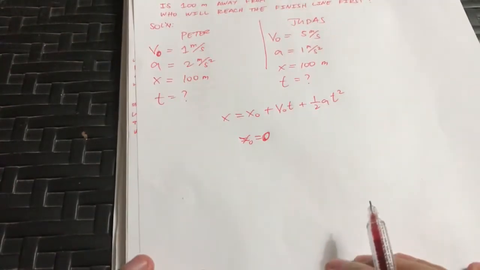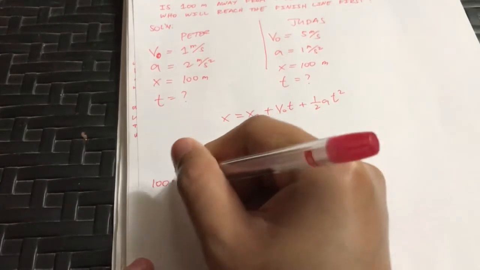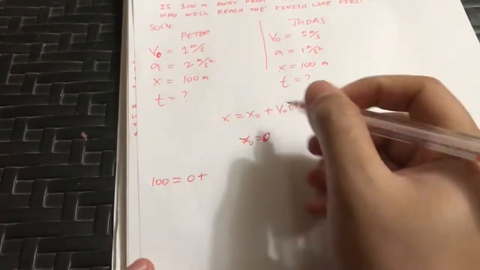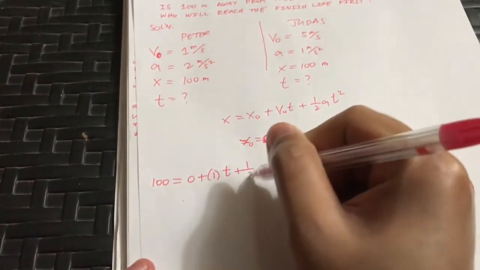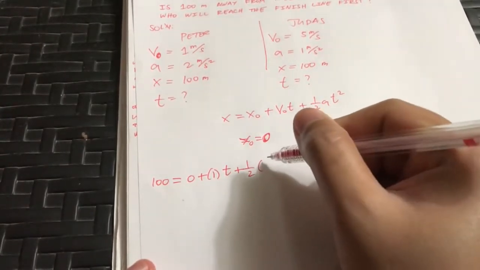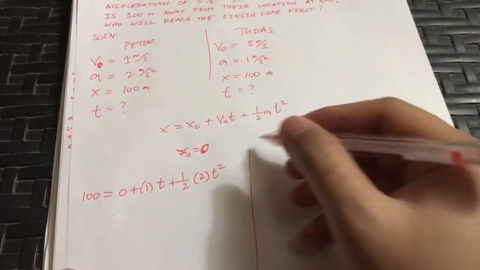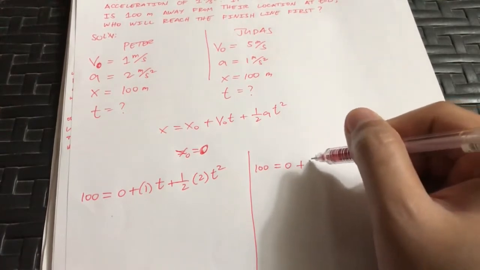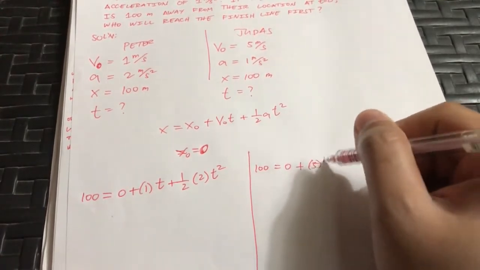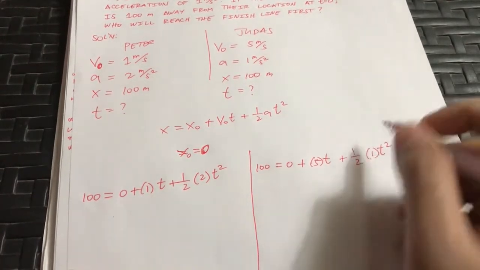Okay, so let's try and solve for each. For this one, we have 100 = 0 + 1 times t + 1/2 times acceleration 2 times t squared, while for the other one, 100 = 0 + initial velocity 5 times t + 1/2 times 1 times t squared.